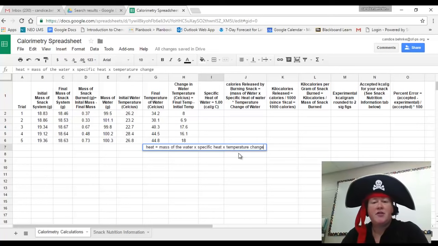And the heat calculation is one that we can do because we have the mass of the water and we have the temperature change.